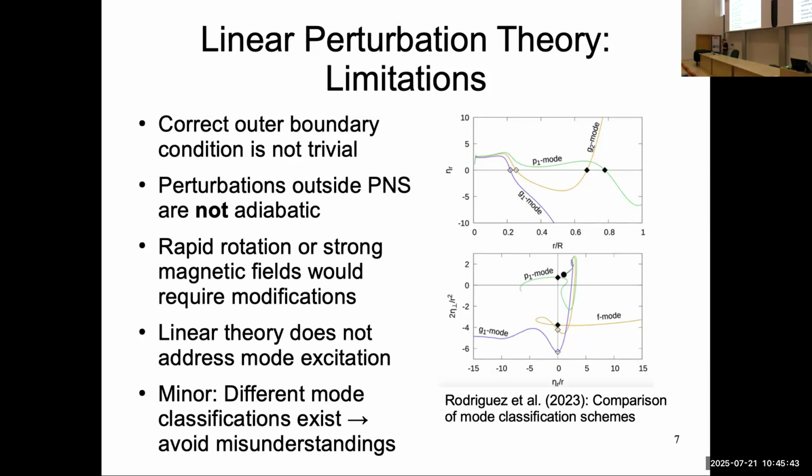So when we're talking about the linear perturbation theory, I think everyone who's doing that has to acknowledge that the choice of the outer boundary conditions is actually a very non-trivial issue, right? Do you put your outer boundary condition at the surface of the neutron star? Do you put it at the shock surface? And then do you say you have zero perturbations at the shock?